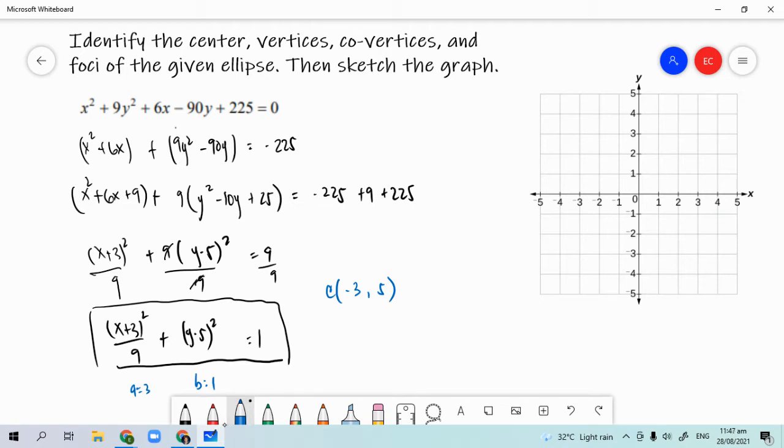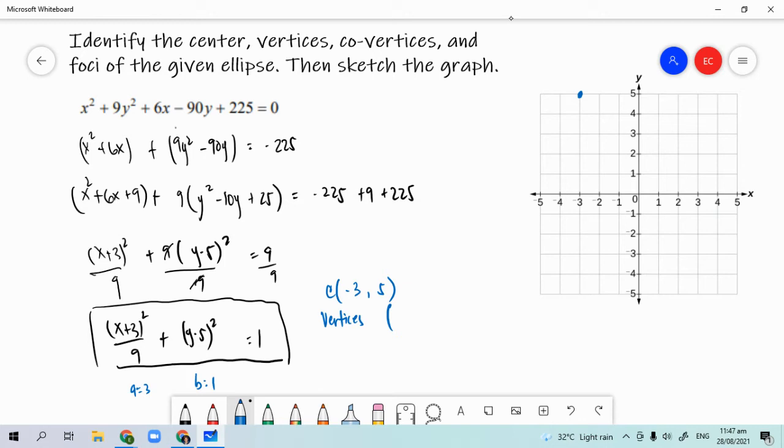So therefore, we have vertices. If the center is negative 3, 5 right here, and we know that the major axis is the horizontal axis because the larger denominator, or the value of A, is under x squared.